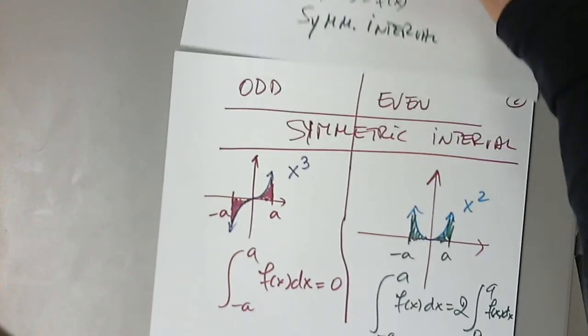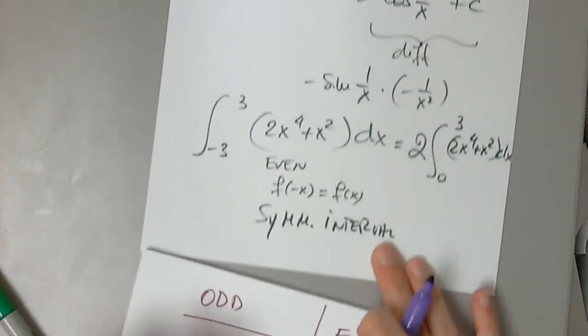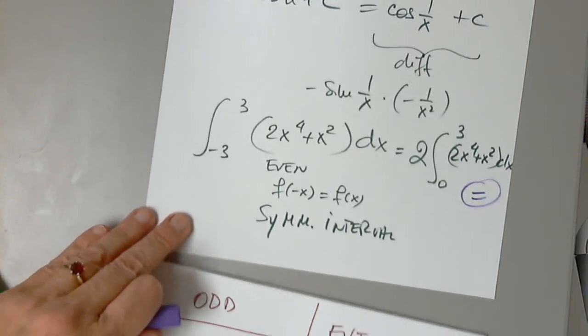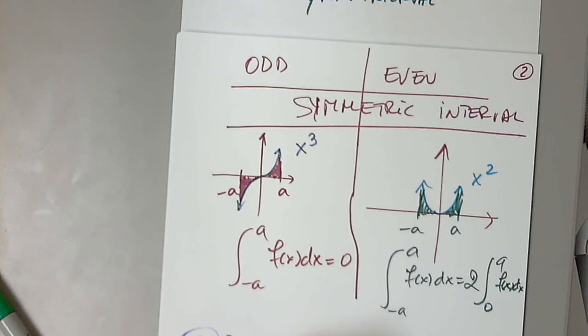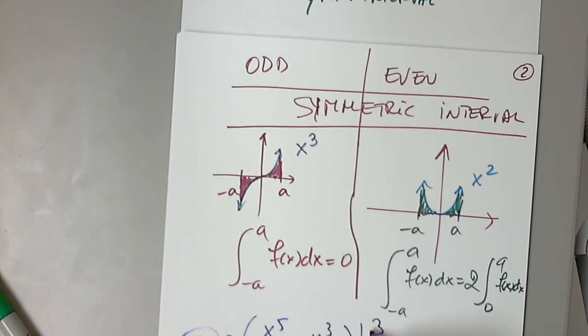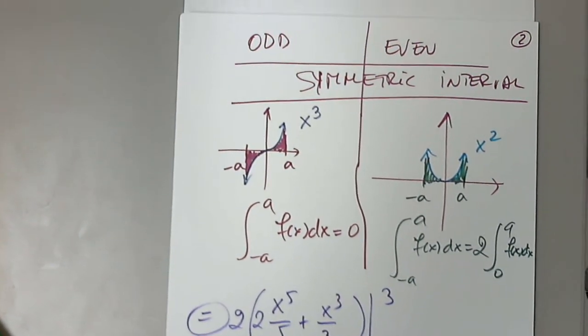Okay, so then we continue. Two outside: 2x to the 5th over 5 plus x cubed over 3 from 0 to 3, which is easier to calculate.